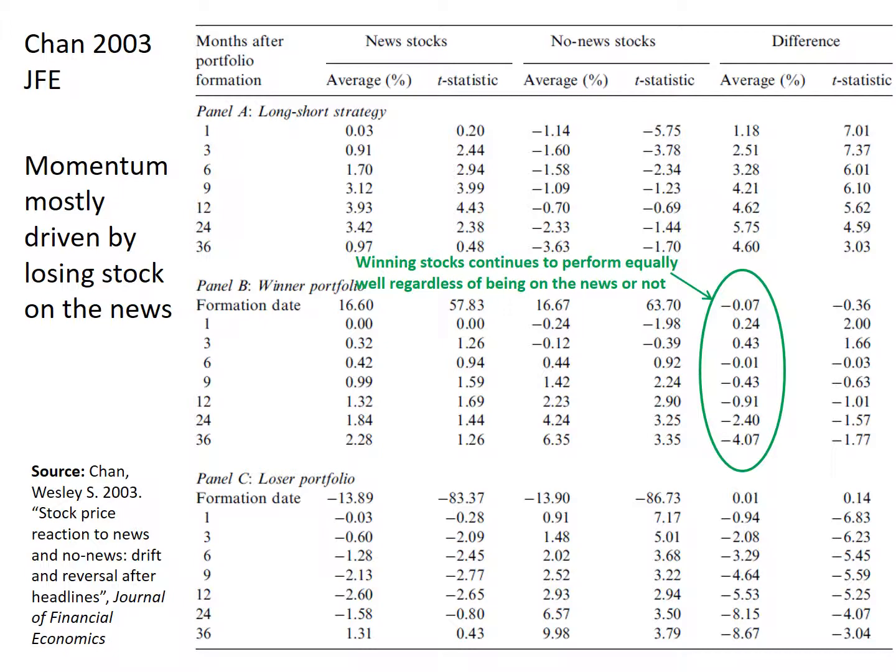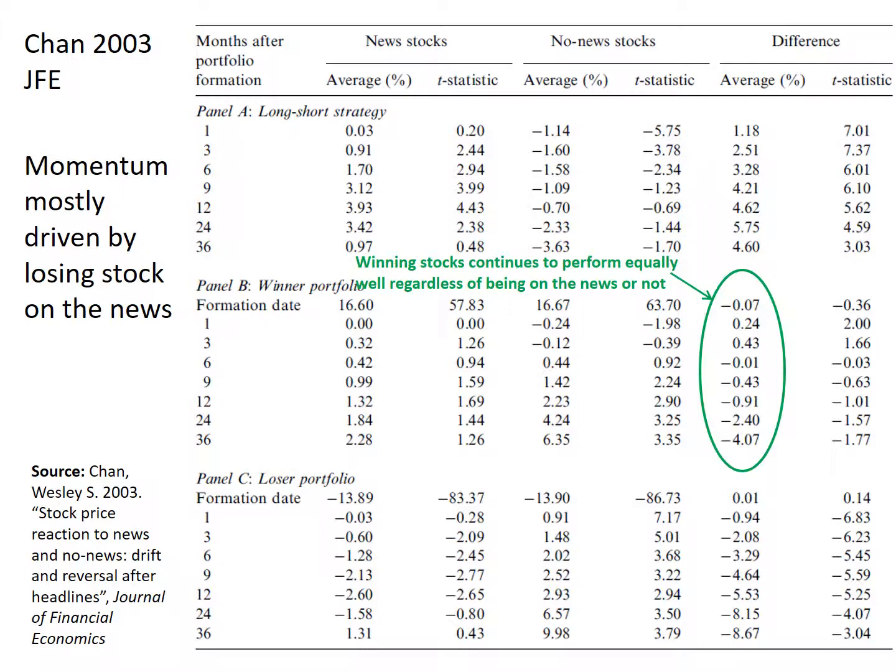It's not the way that it worked. So the winning stocks are stocks that have been doing well in the past. That's the momentum. Losing stocks are stocks that have been doing poorly in the past. And then they look into whether they have news or not.